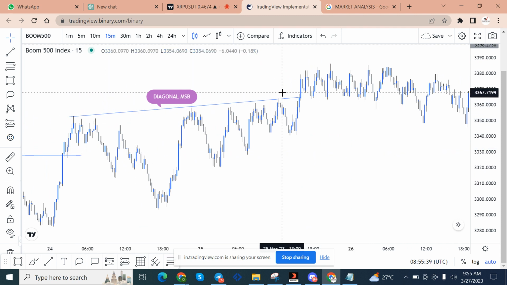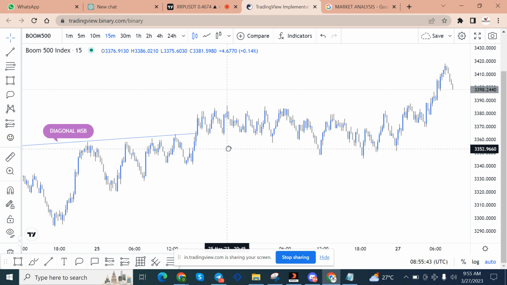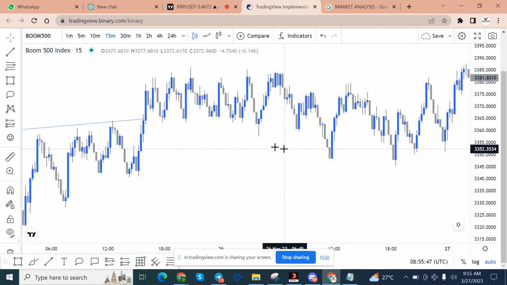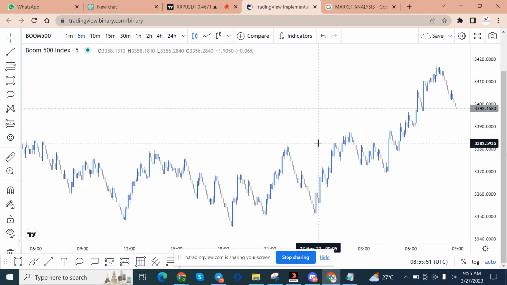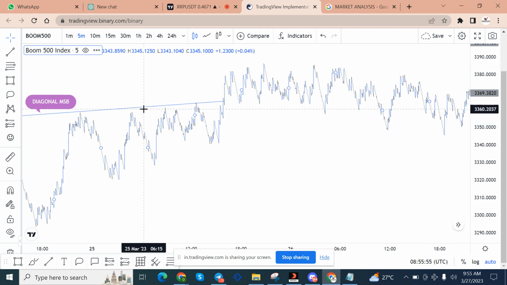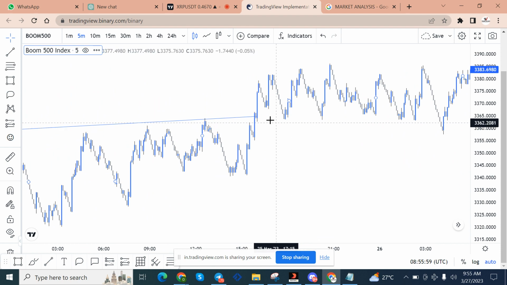Now, when you had this diagonal market structure break, the first thing you look out for is the inducement. So let's switch to M5, and let me show you something very important.